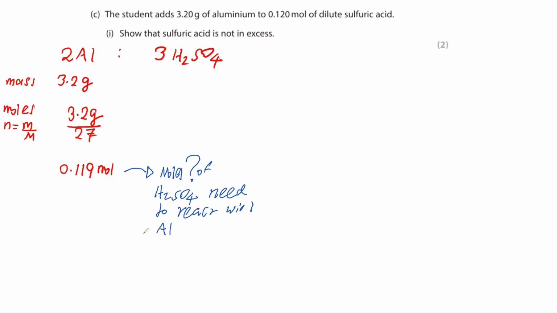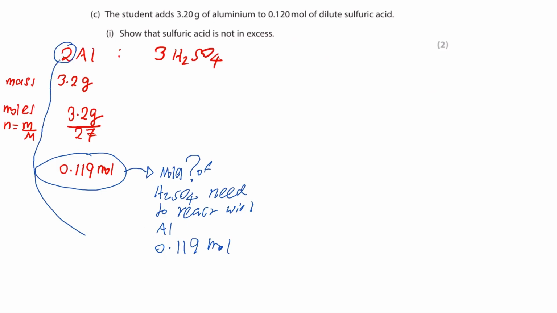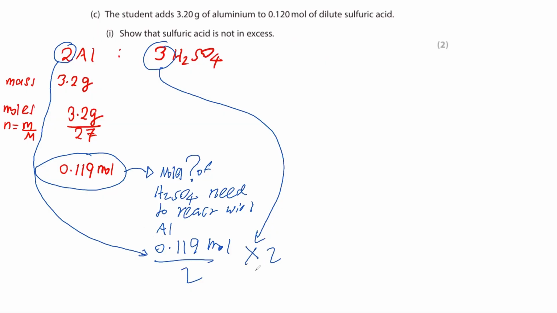How do you find it? You take the number of moles of aluminium, which is 0.119 mole, then you divide by the molar ratio of aluminium, so you divide by 2. Then you multiply by the molar ratio of sulfuric acid. That way you get the number of moles of sulfuric acid needed to react with this aluminium.